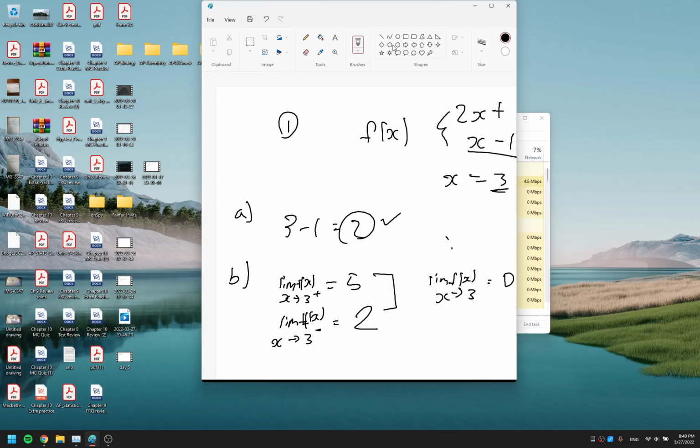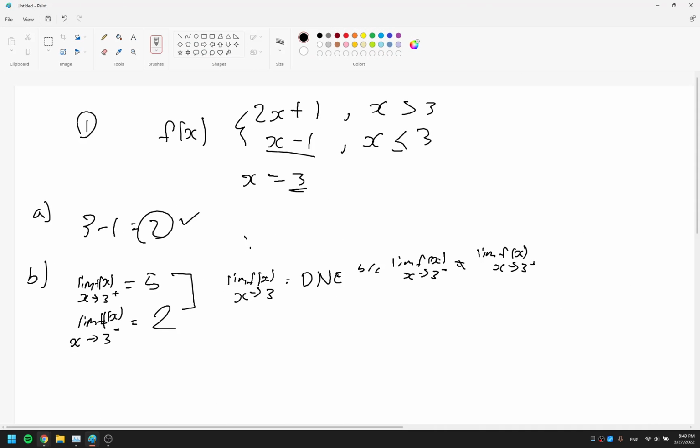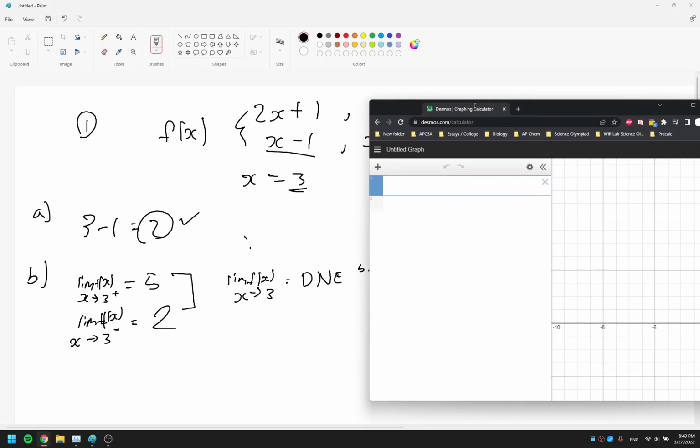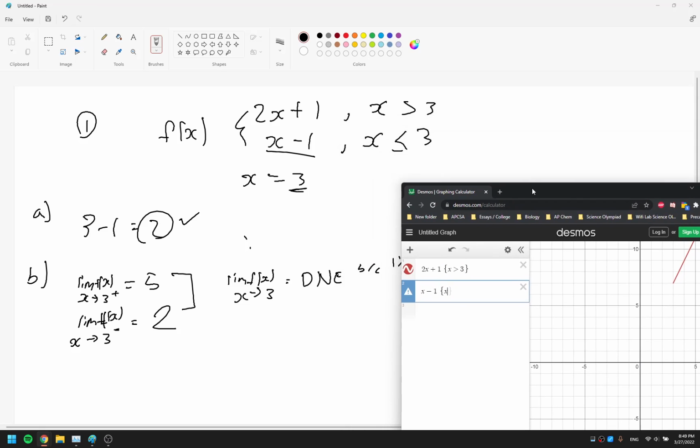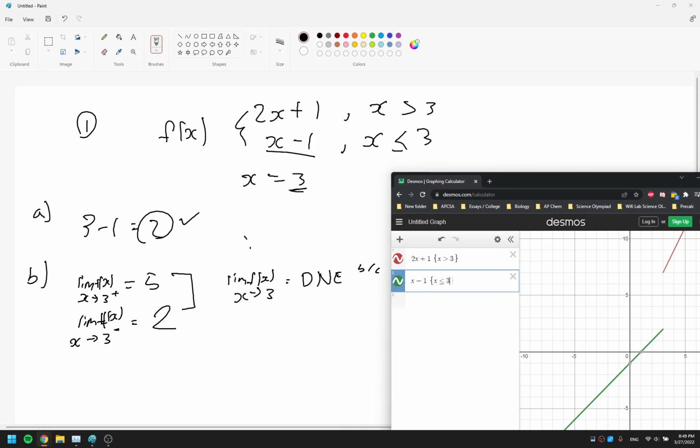And if we actually graph this function, let me pull up Desmos. So 2x plus 1 for x greater than 3, and x minus 1 for x less than or equal to 3.